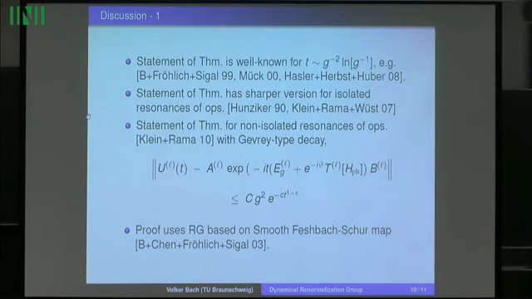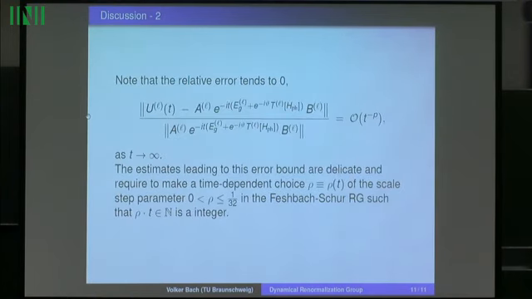And I will indicate in a picture what we actually do here in a moment. Let me, however, point out one detail that is sort of to appreciate the decay estimate.